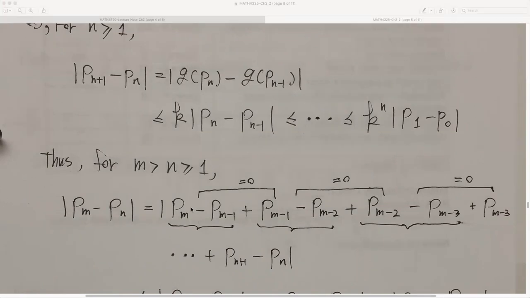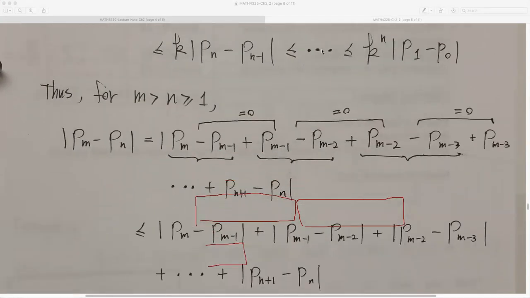So we add this: pm minus pm minus 1 plus pm minus 1 minus pm minus 2 plus pm minus 2. You see that? Actually, we did add 0. Through up to here, right? Okay. So now, what are we going to do?